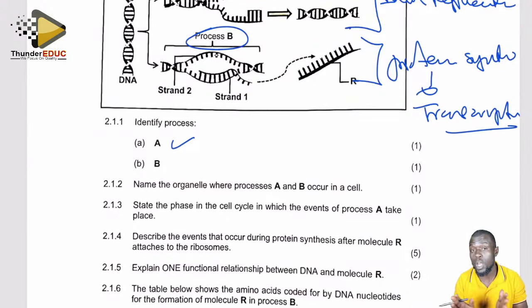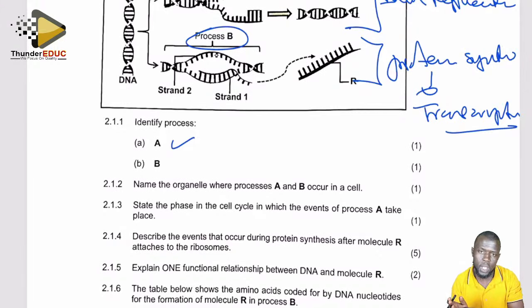They can ask you a question: what's the difference between transcription and translation? What are the similarities between transcription and DNA replication? You look at the steps: DNA replication occurs in the nucleus, also transcription occurs in the nucleus. In DNA replication, the double helix DNA unwinds, it's the same story here.